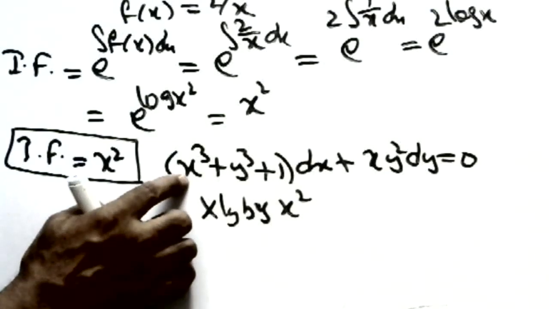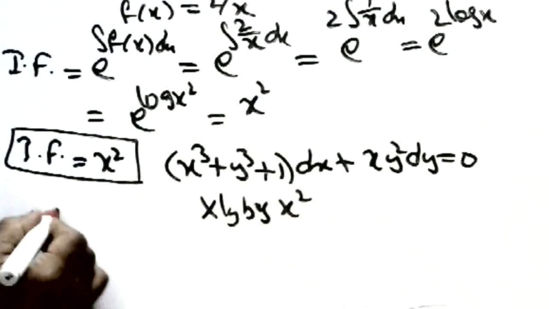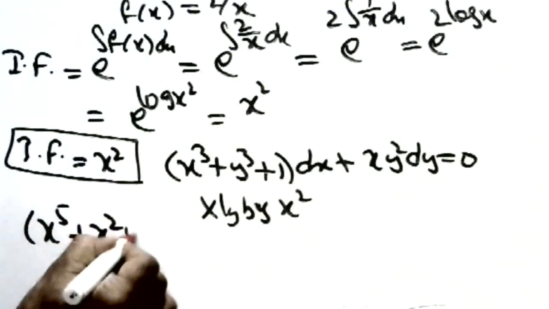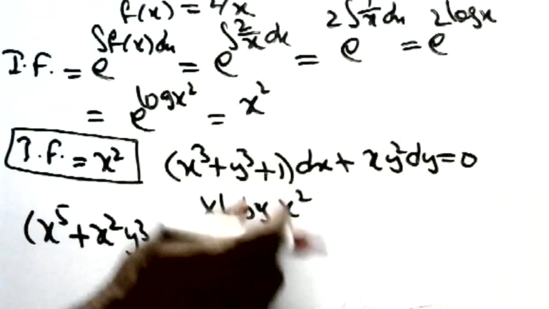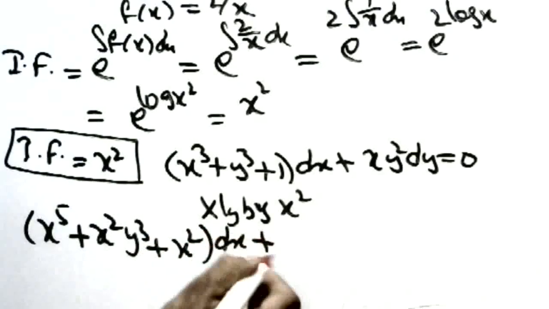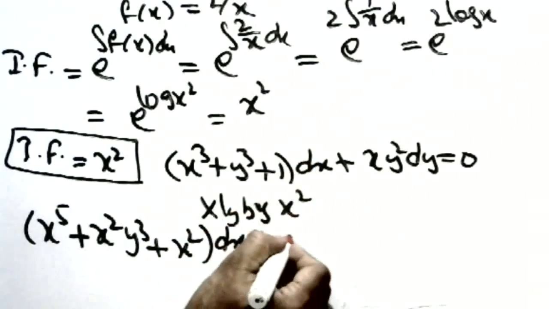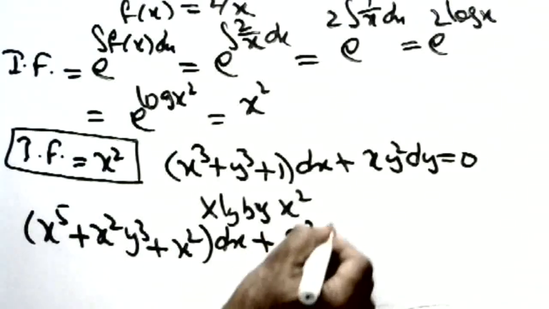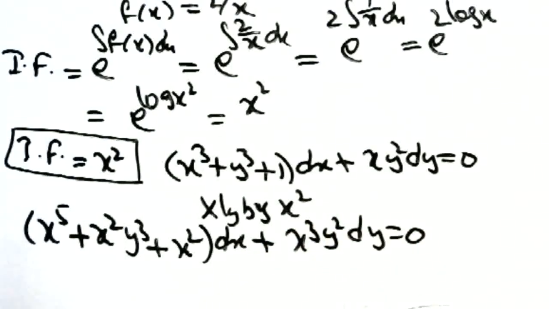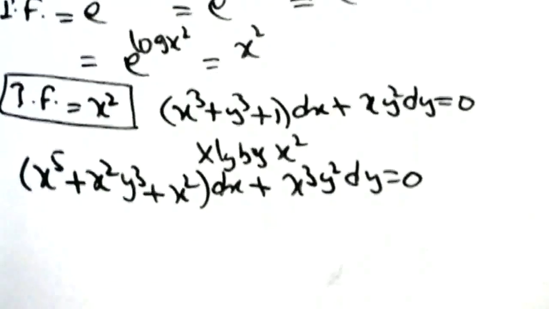X square into x cube will be x power 5, plus x square into y cube will be x square y cube, plus x square into 1 will be x square, dx, plus, if you multiply with x square, it will become x cube y square dy. Now it will change into exact form.